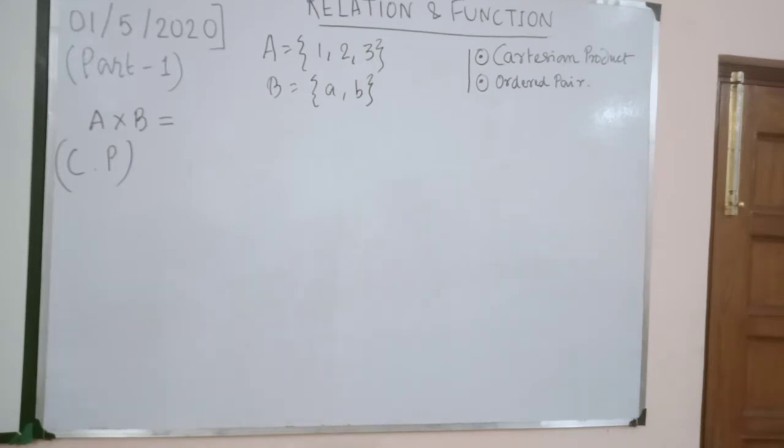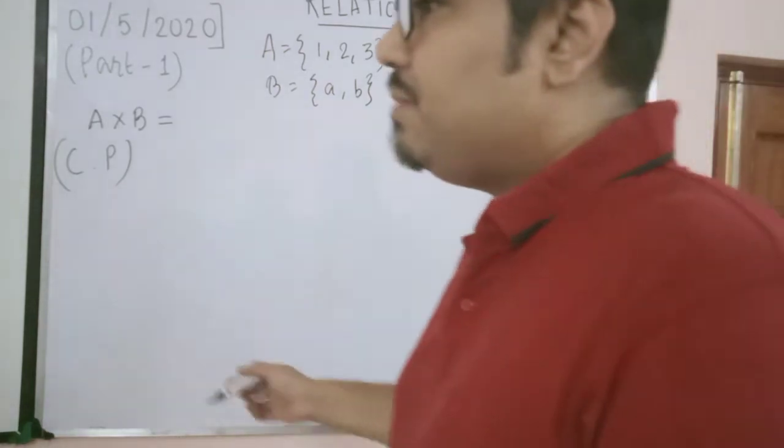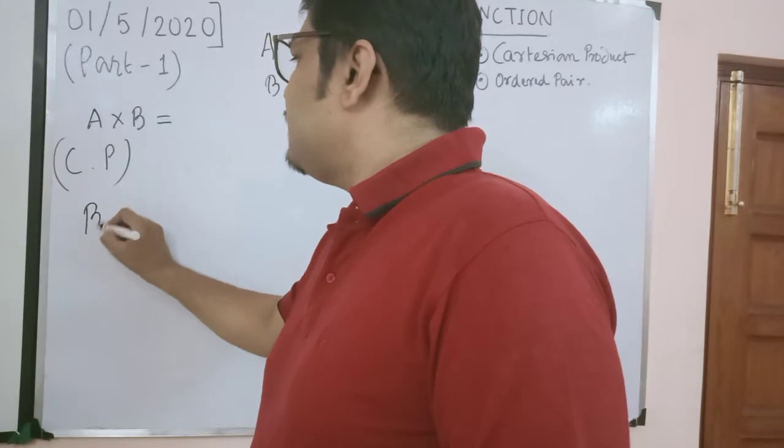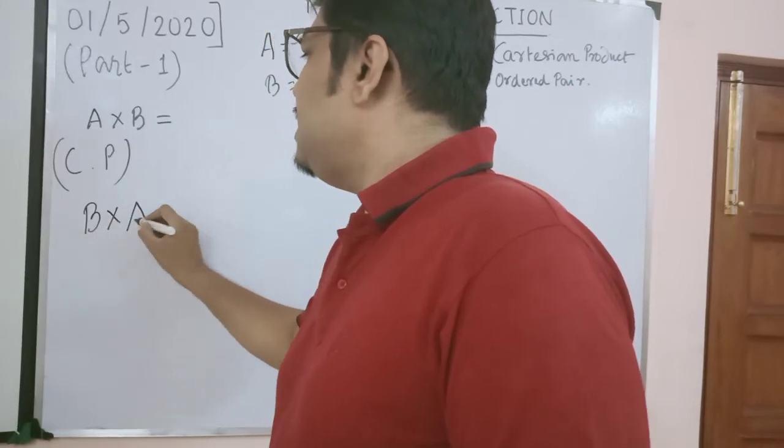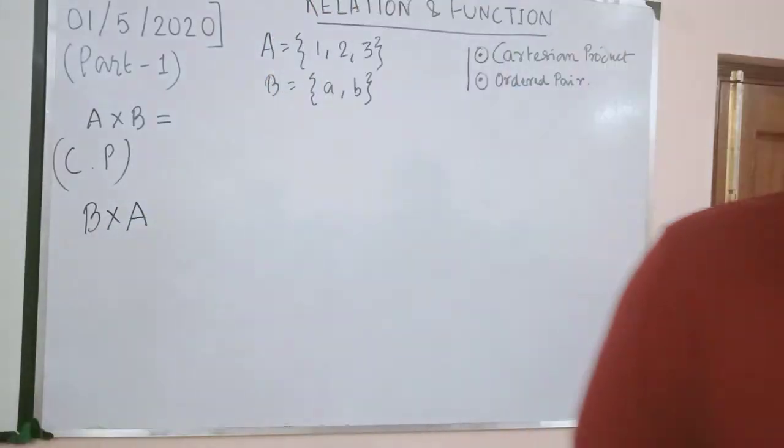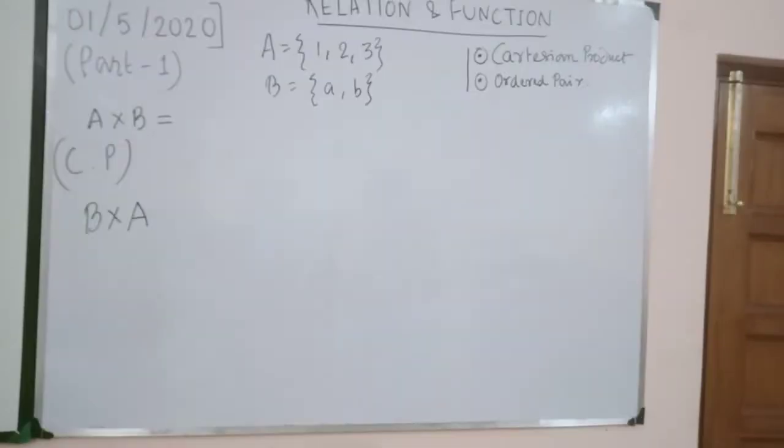Again I repeat, A cross B is the Cartesian product of A and B, that means A to B. Now if you change it, it will be B cross A, which is the Cartesian product of B to A, that means B and A. So these are actually different things that we will find out.